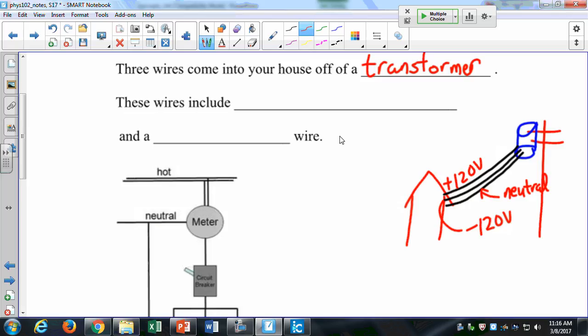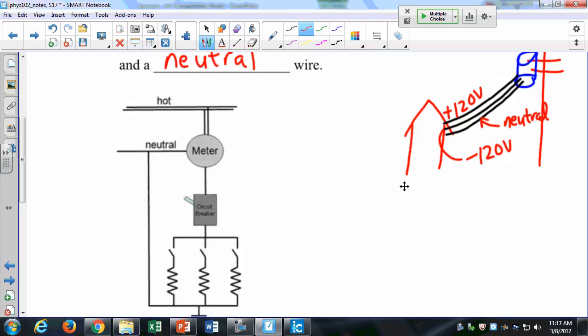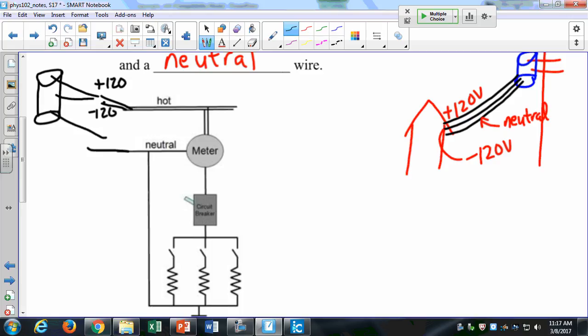So these wires include two hot wires, the plus and the minus 120 volts, and a neutral wire. They come into your home from that transformer like that.